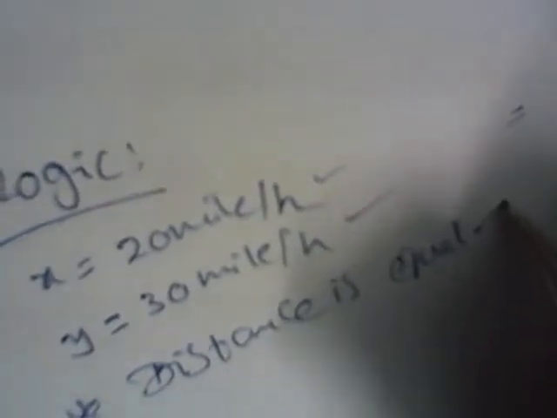When two speeds are given and the two trips' distances are equal, this is the condition. The first trip distance and the return trip distance should be equal. Then only this formula will be applicable.